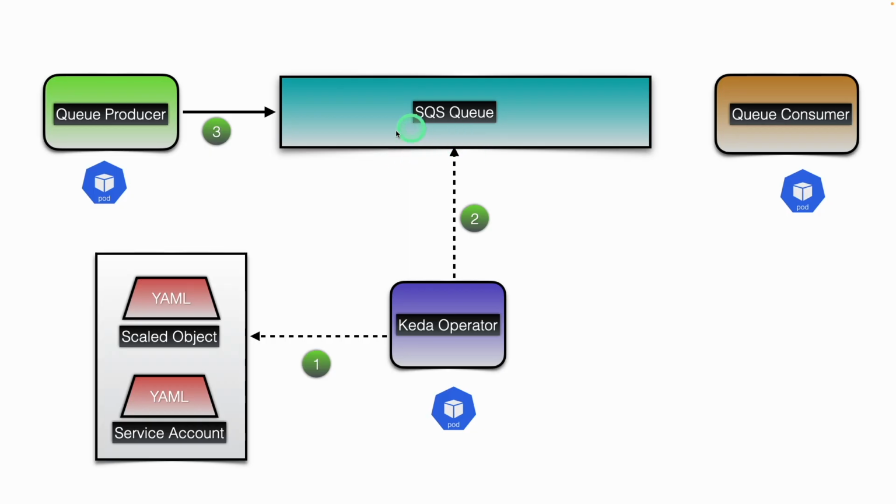The moment these messages breach the threshold, the KEDA operator scales the queue consumer deployment. When the queue consumer deployment is scaled, the message queue is drained and messages are retrieved and processed.